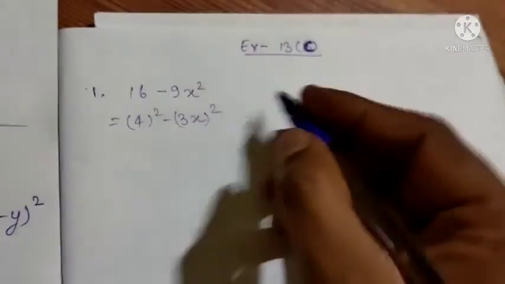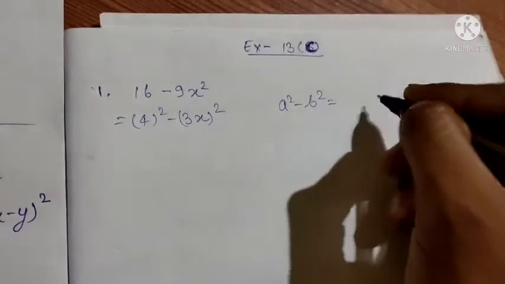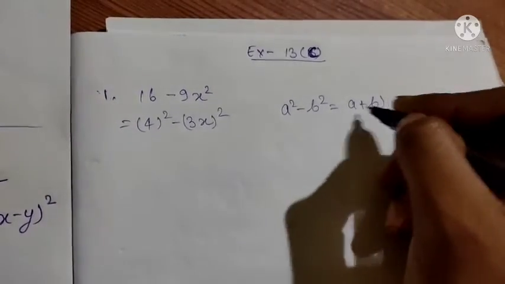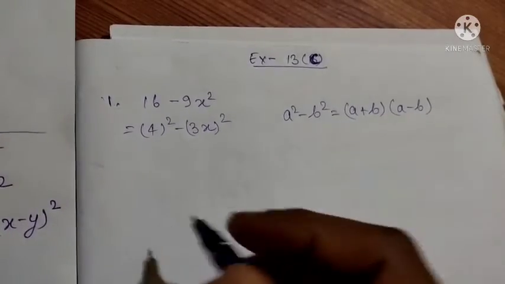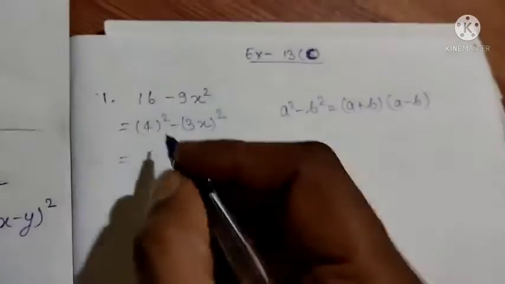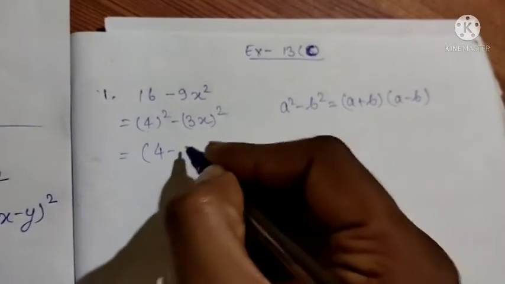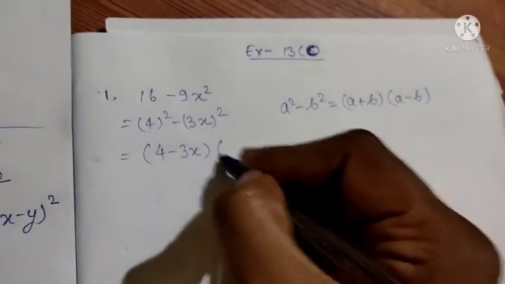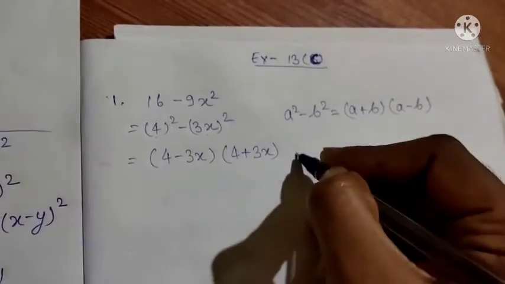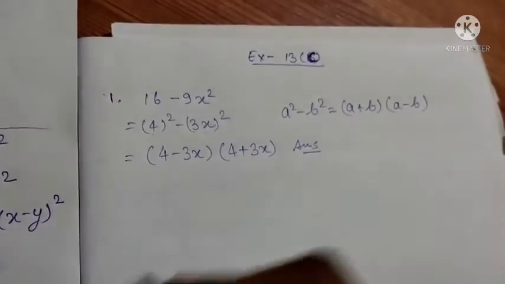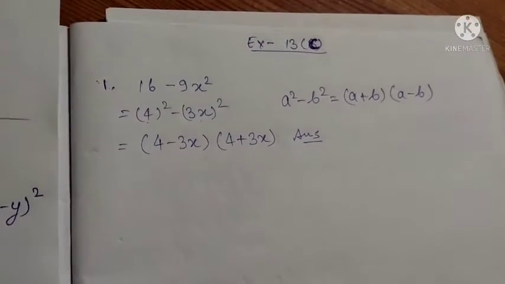Hence, as we know that a square minus b square is equal to a plus b whole a minus b, simple. And it is also in the form of a square minus b square, so it will be 4 minus 3x into 4 plus 3x. You have your answer. It is too easy, right?